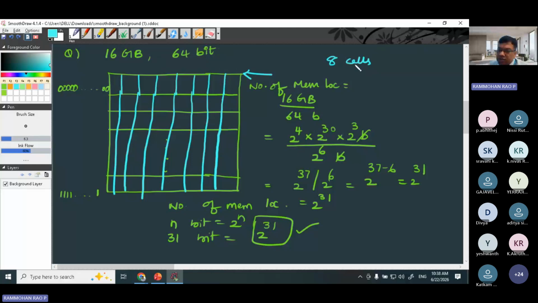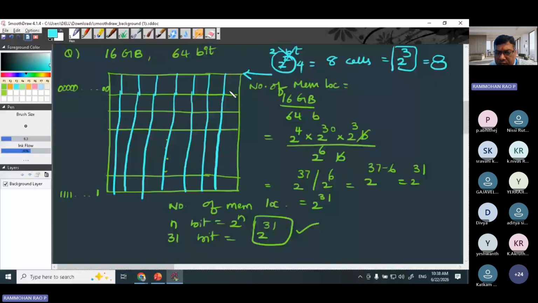If I use a 2-bit binary code, how many combinations will I get? 2 power 2, which means 4. But we have 8 cells, so 2-bit is not sufficient. If I use 3-bit, I get 2 power 3, which is 8. This means I need a 3-bit address here to address each byte.